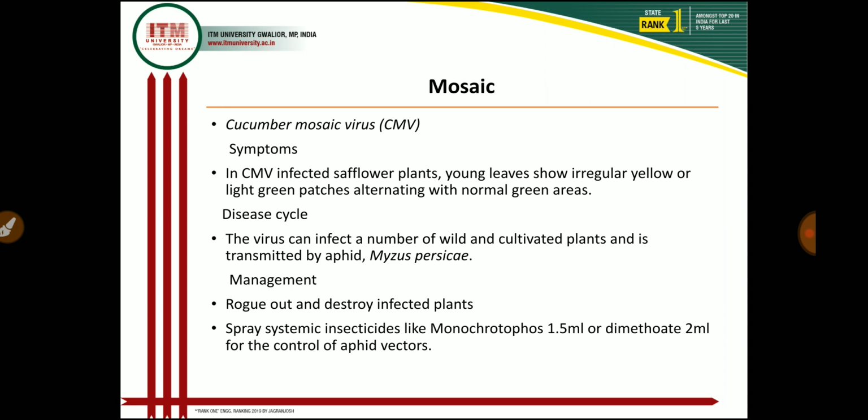No chemical control method is available for controlling viral diseases, but if we control the vector, that is the aphid Myzus persicae, then we control the disease. For vector control, we spray monocrotophos at the rate of 1.5 ml per liter, or dimethoate at the rate of 2 ml per liter, to control the aphid vector. If we control the aphid vector, then we control this viral disease.